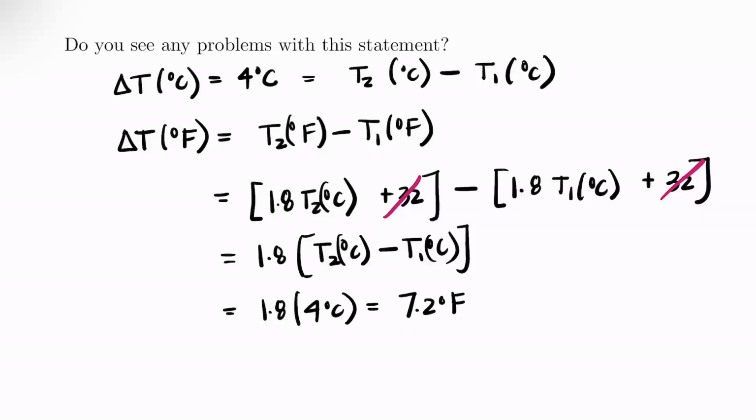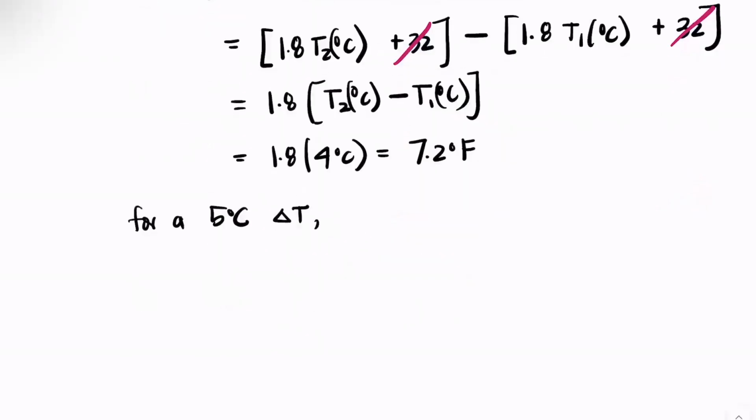And then at the upper end, for a 5 degree C delta T, we would have 1.8 times 5 degrees C is equal to 9 degrees Fahrenheit.